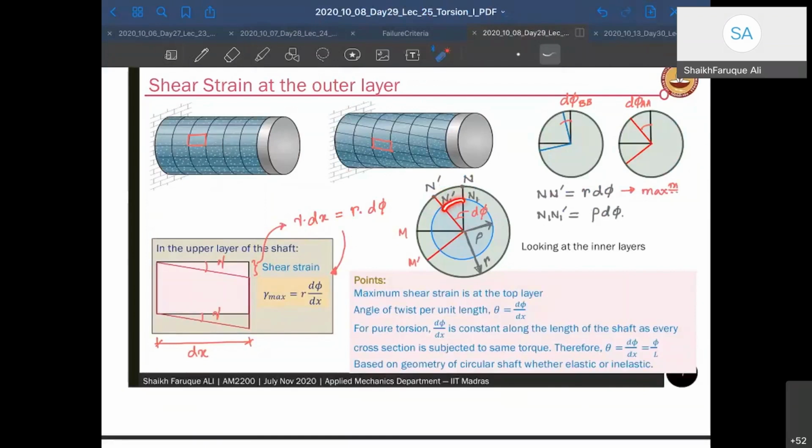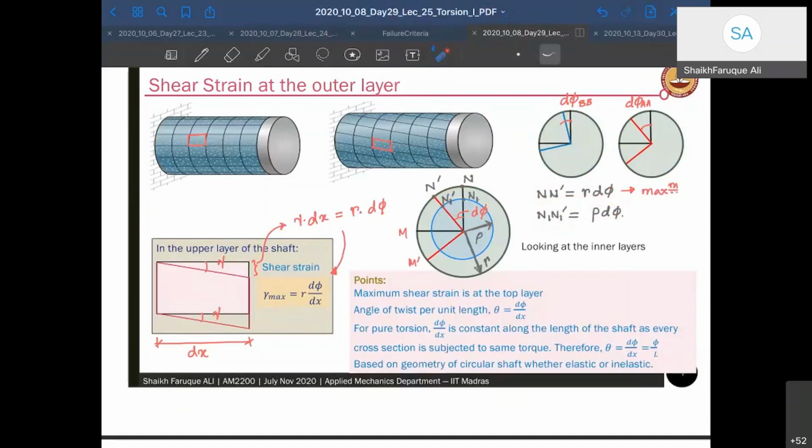So how are we going to find it out? Very simple. The ratio of these two is the ratio of their radial distances, right? Therefore, you can write N dash equal to r d phi, that is the maximum, and N1 dash is rho d phi, where rho is this radial positional distance. All right.